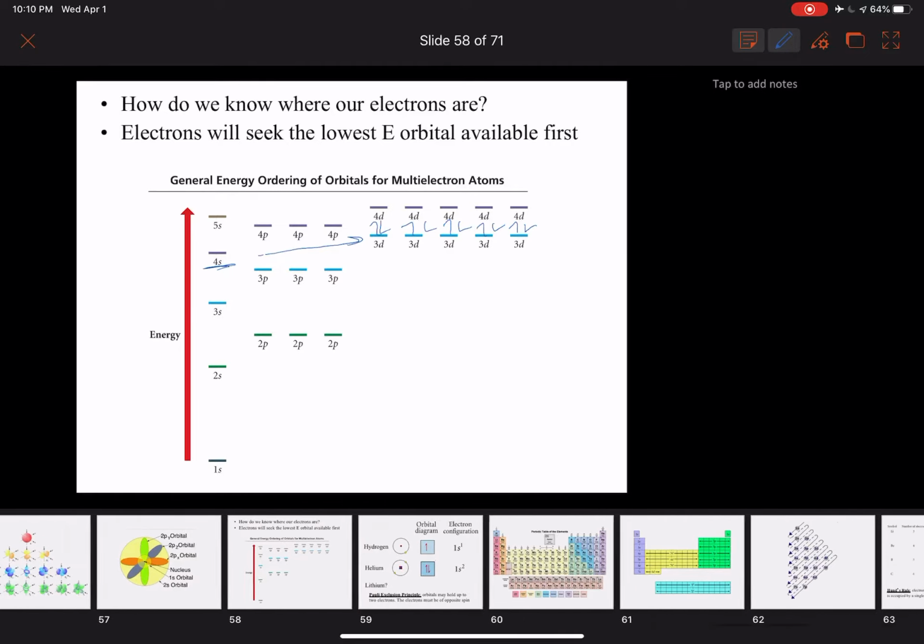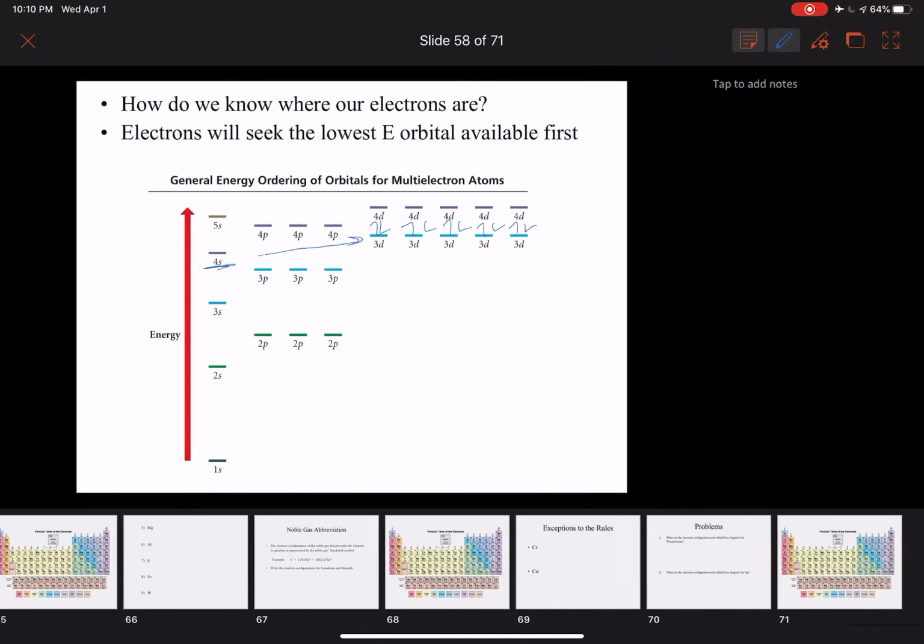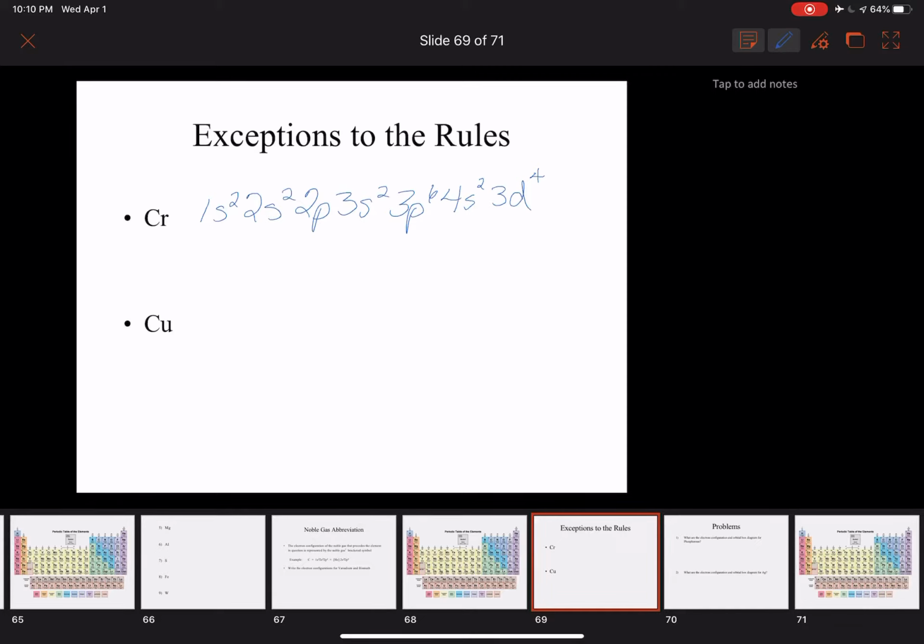So that means they become more stable. What's going to happen with chromium is this 3d right here. The d's are going to say, oh, if we just had one more electron, if we were 3d5, we'd be half full, and that would make our whole atom a whole lot more stable. And stability and low energy is good in chemistry.